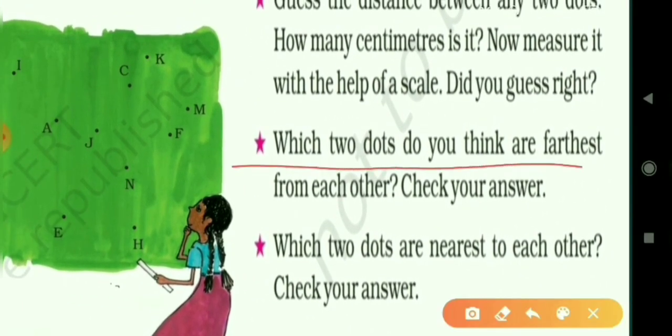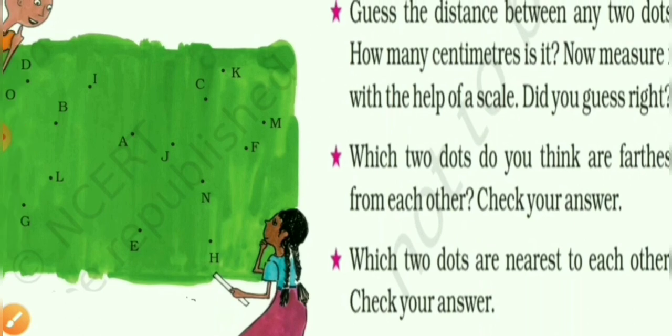Which two dots do you think are farthest from each other? Check your answer. Here you have to find out the maximum distance between two points. Look at this picture.